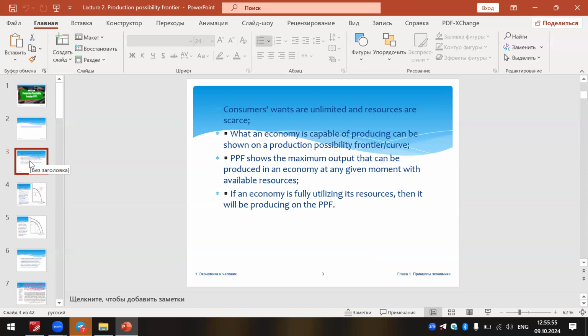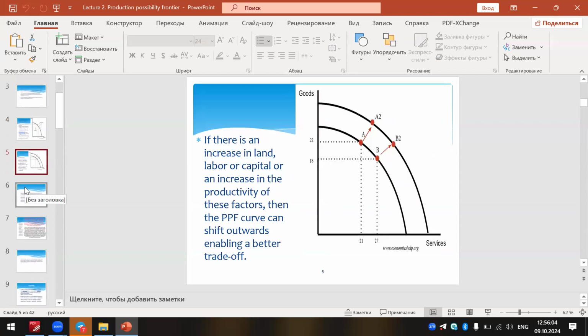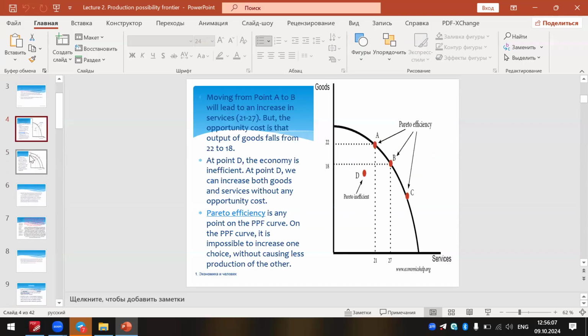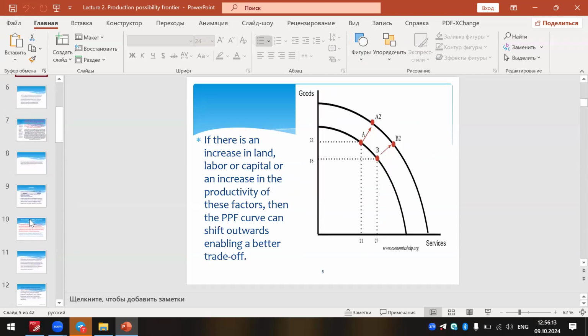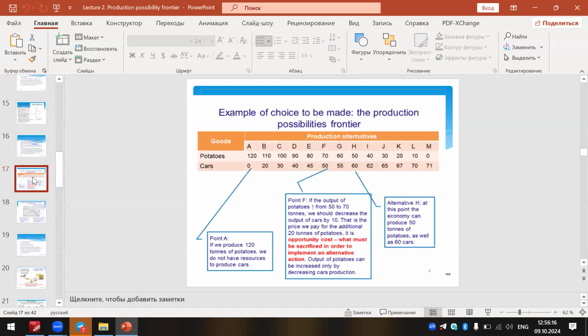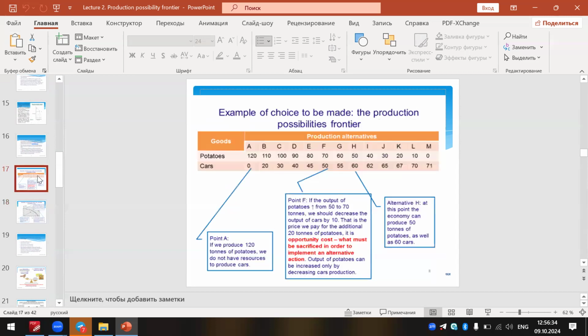I will send the home task for this topic. You can use this to demonstrate the possibility frontier, as I demonstrated with two categories of products, first in a table and then putting it on a graph to see how it works. Potatoes and cars, as in the example I gave you.